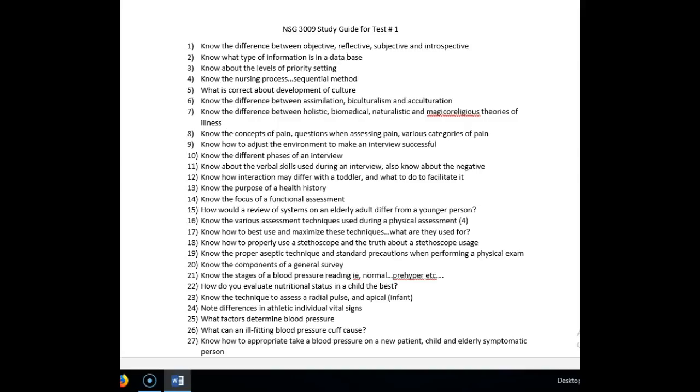So I want you guys to get real familiar with 19 to 24.9. Not even quite 25. 19 to 24.9 is considered healthy.